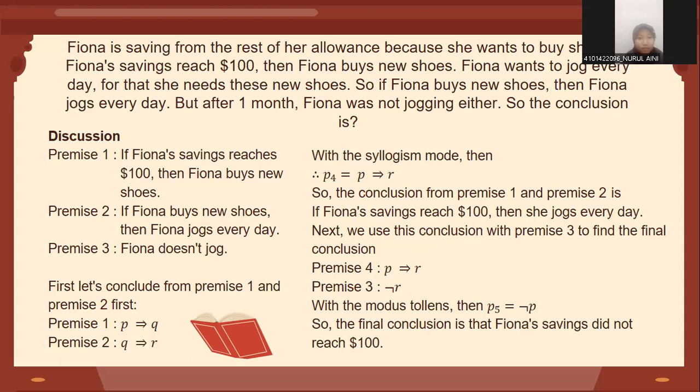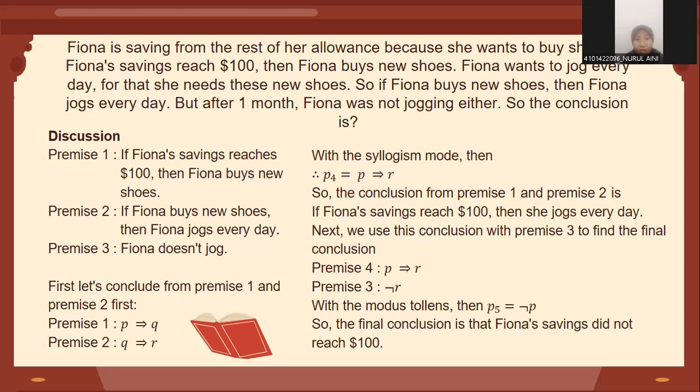So we got premise one: if Fiona's saving reaches $100, then Fiona buys new shoes. Premise two: if Fiona buys new shoes, then Fiona jogs every day. Premise three: Fiona doesn't jog. First, let's conclude from premise 1 and premise 2.